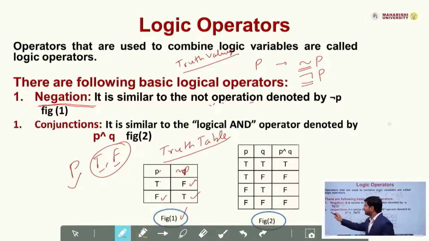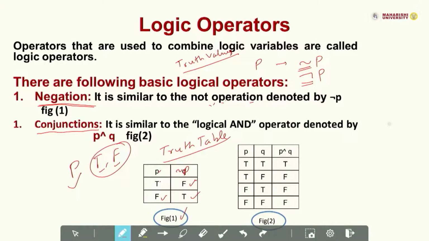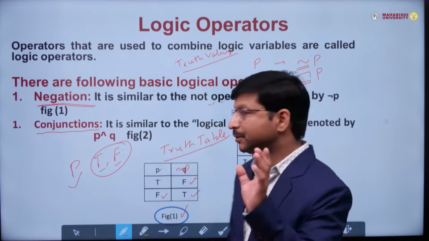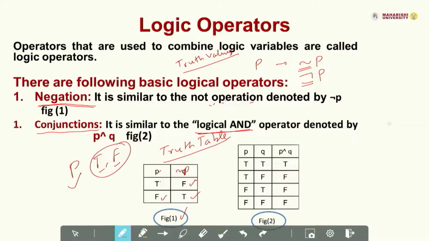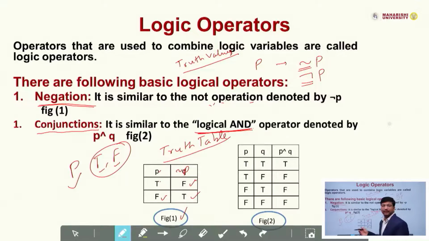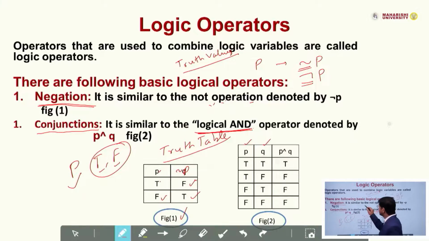Now, the second operator is conjunction. What is conjunction? As we have already seen in our previous slide, we use conjunction for combining two propositions. Conjunction is similar to the logical and. If P and Q are two propositional statements, then their conjunction is denoted by the logical and sign.